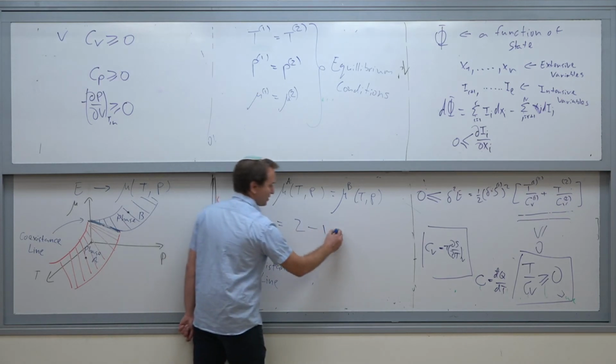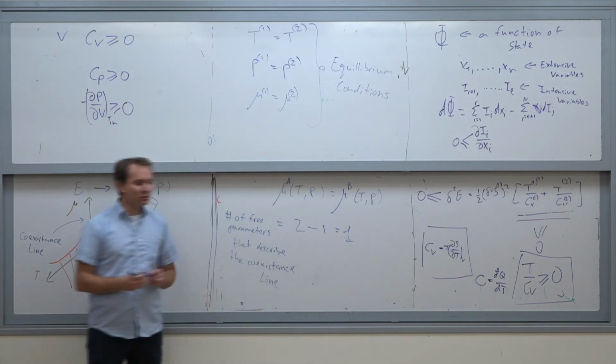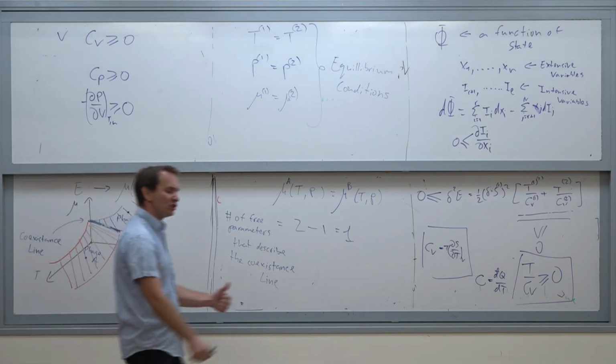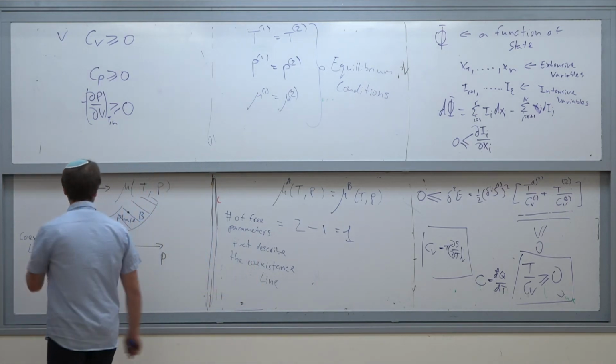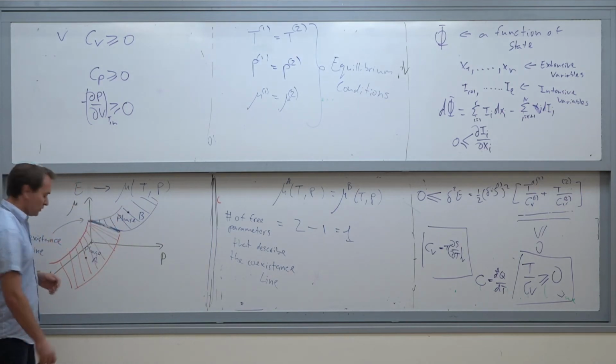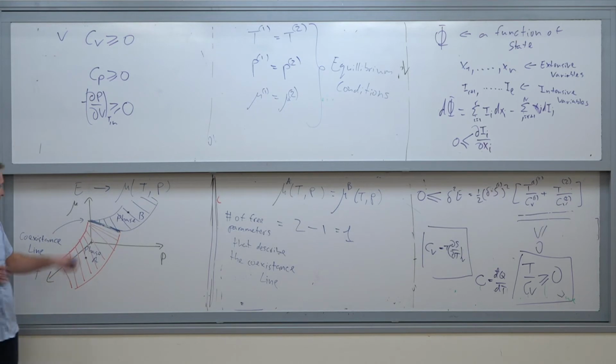So it's 1. There is one single parameter that describes the coexistence line. So the dimensionality of the coexistence line in this case is 1. We're saying that the coexistence line is one-dimensional.